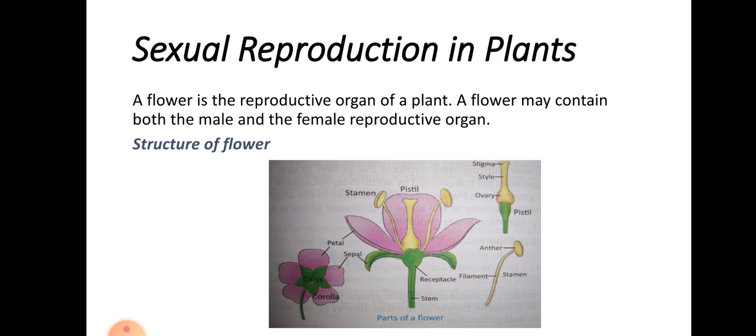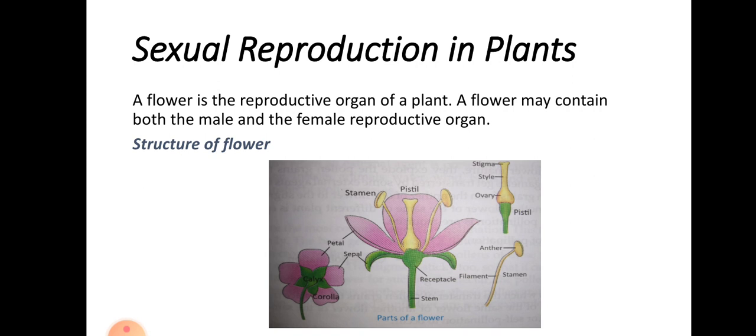Each segment is called a petal. The petals are brightly colored because of the presence of pigments. You can see different colored petals in different flowers, due to the pigments present in them.